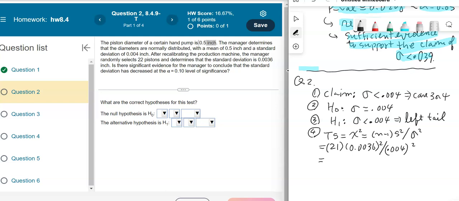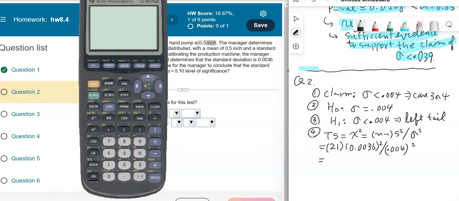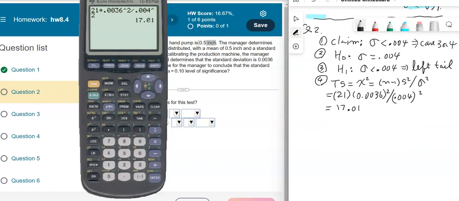If I put that in the calculator, I'll just show you right here: 21 times 0.0036 squared divided by 0.004 squared. That gives me 17.01.